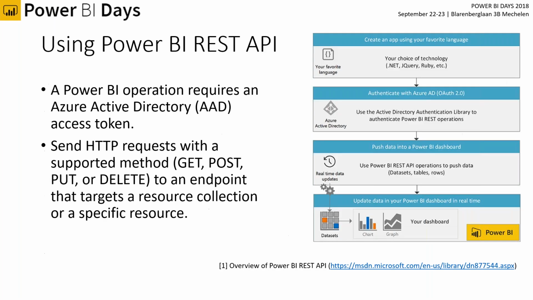So how can we use the Power BI REST API? What do we need to utilize this API? First, we need to authenticate ourselves. After all, we won't be happy if some anonymous user can push arbitrary data to our dataset, right? The reports in this case won't be very trustworthy.